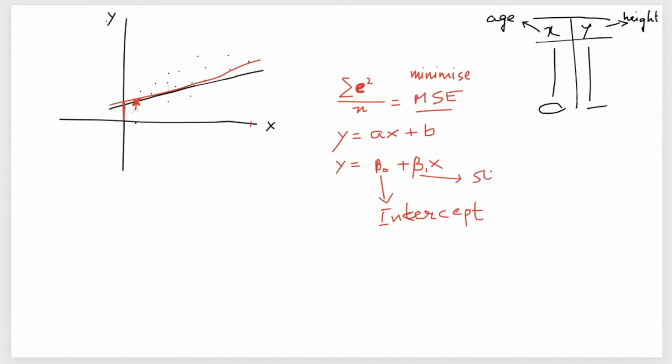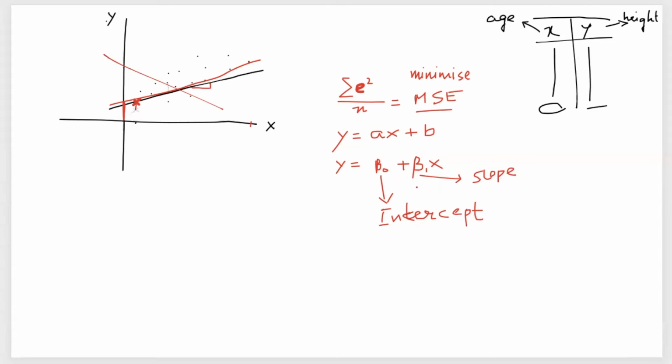This is also very simple to understand in the sense that for any point on the line, if I increase the value of x by 1 unit, how much will the value of y increase or decrease? The line could be like this also. So that is the slope. Slope basically indicates the marginal increase in y based on a unit increase in x. So these are the two terms.